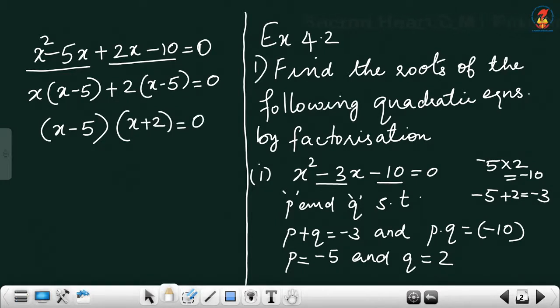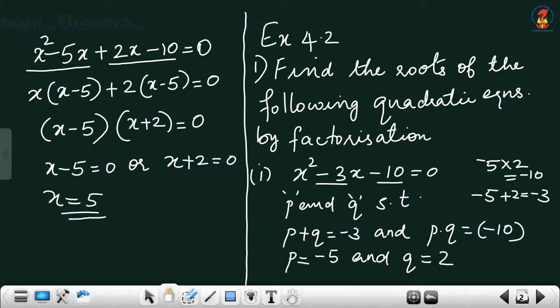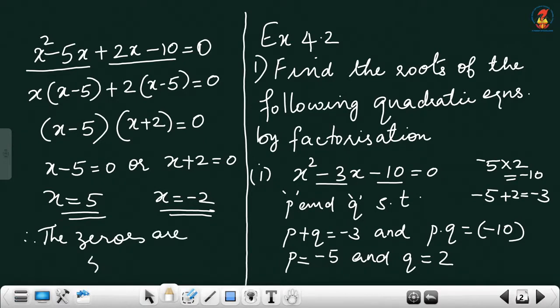Product of two numbers 0 means either the first number is 0 or the second number is 0. So either x minus 5 equal to 0 or x plus 2 equal to 0. So x is equal to 5 or x is equal to minus 2. You have to write the final answer. Therefore, the zeros are 5 and minus 2.